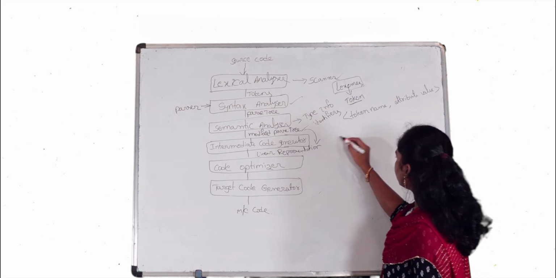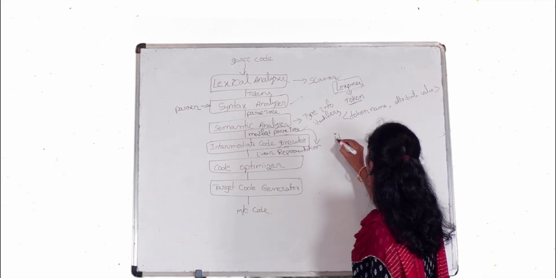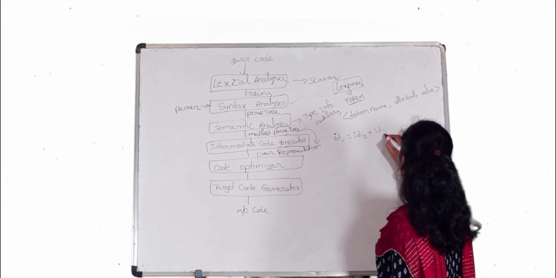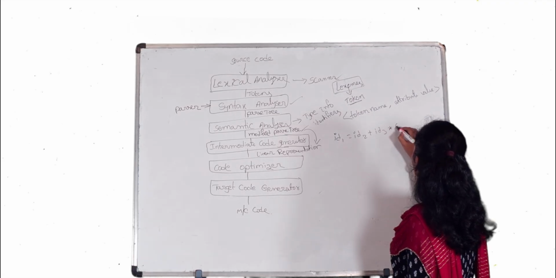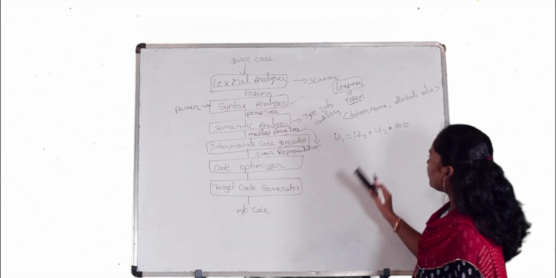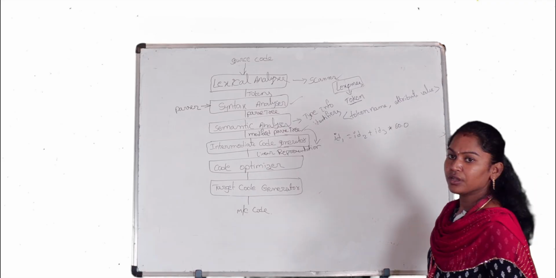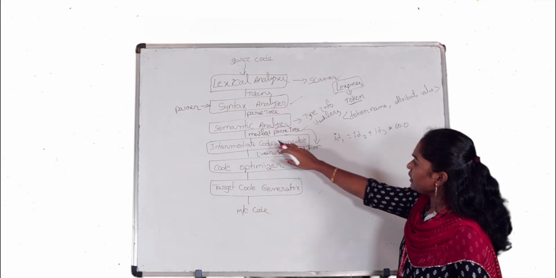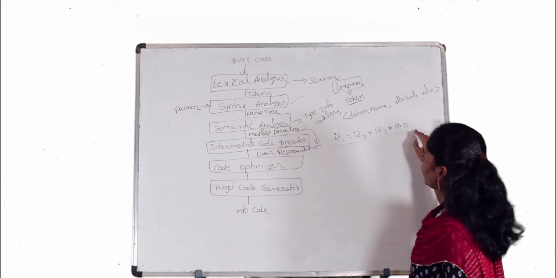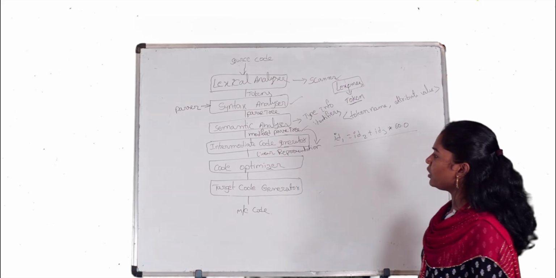So what does it mean? id1 equals id2 plus id3 into 60. This is the modified parse tree expression, and now this can be represented in a linear format. So that is the intermediate code generator.